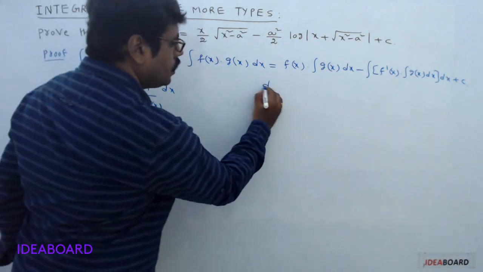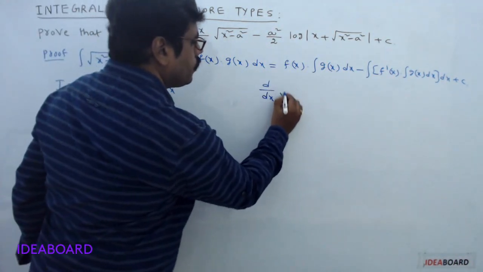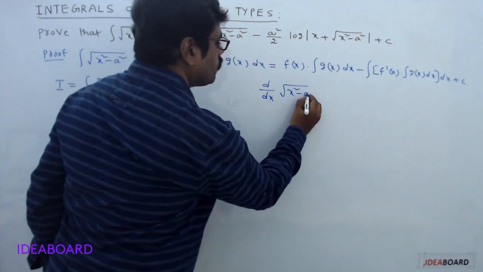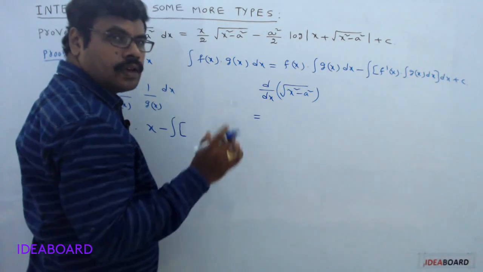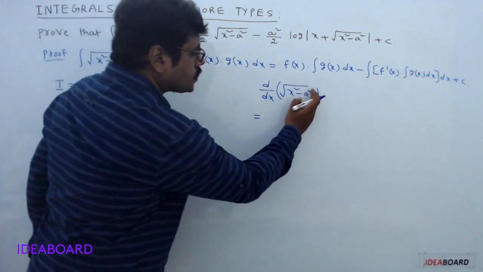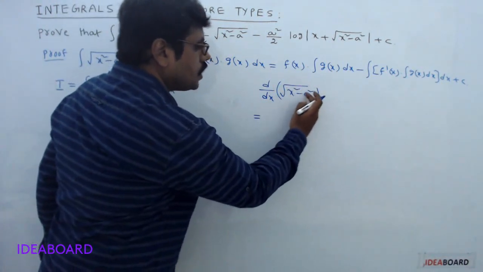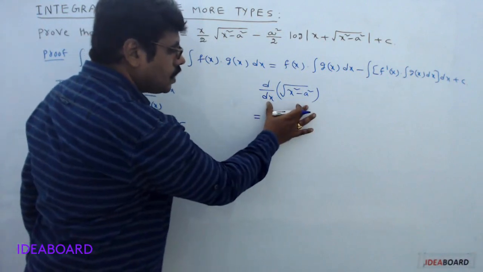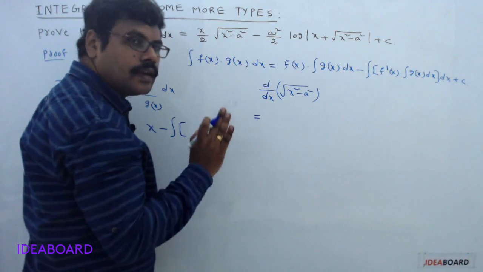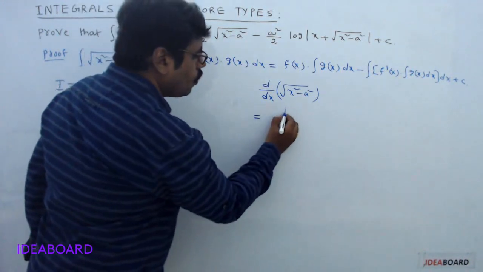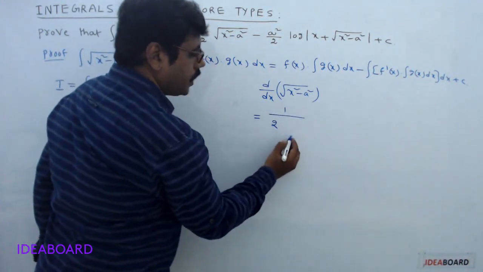Now see here, the derivative of root of x square minus a square. If you consider x square minus a square as x, then this term is of the form derivative of root x. The derivative of root x is 1 divided by 2 root x.